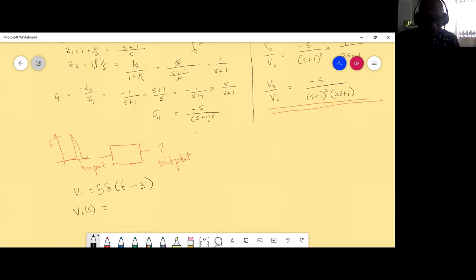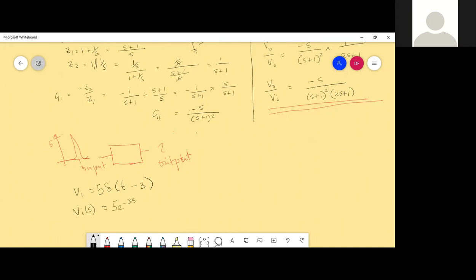So what is the Laplace transform for that? 5e to the minus 3s. Yes, 5 e to the minus 3s.